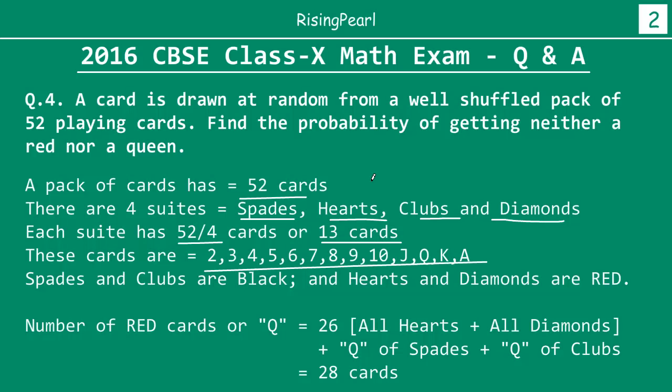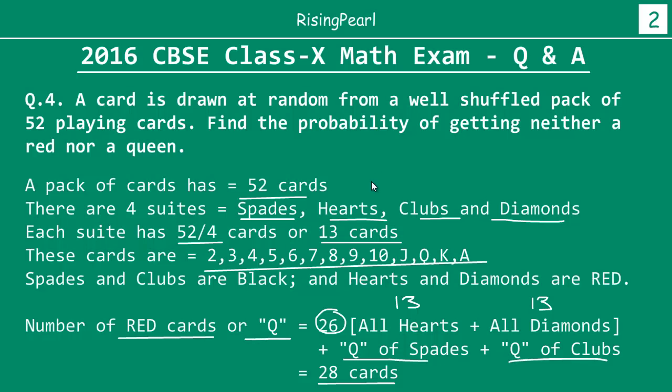And spades and clubs are black, and hearts and diamonds are red. Number of red cards or queen will be all hearts, 13 of them, all diamonds, 13 of them. If you add them, it is 26, plus the queen of spades, plus the queen of clubs. That means it is 26 plus 1 plus 1. So total 28 cards which are red or queen.